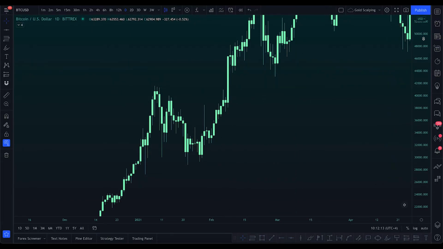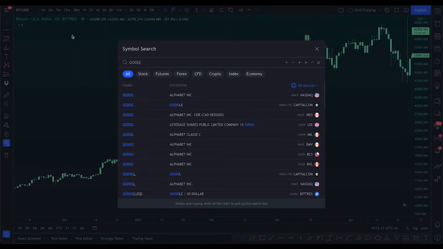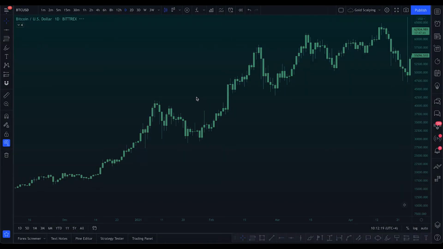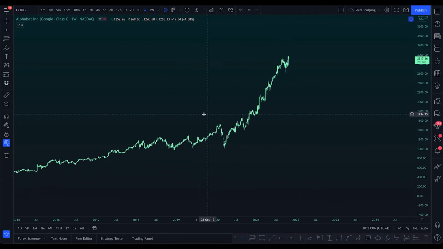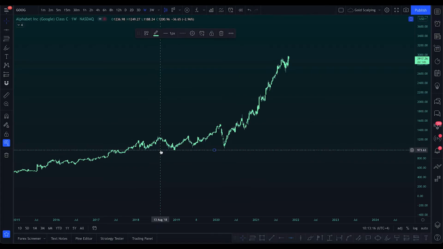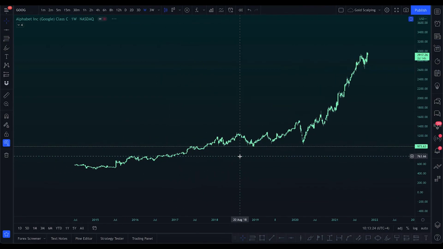And you can use that anywhere. Could be Bitcoin, could be Google stock, could be Apple stock, could be anything. You can always do the same. So Google, how do we predict this super run of Google? Same thing. We just find out on the weekly a breakout and retest. So here, not here, here we go. This was resistance, breakout, retest. Well, there's a second retest, but that's going to work anyway.